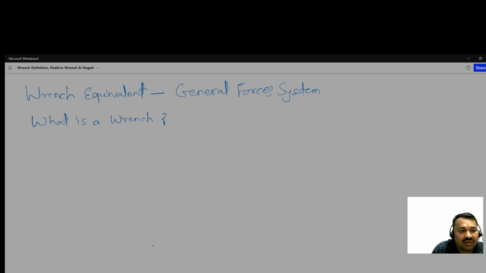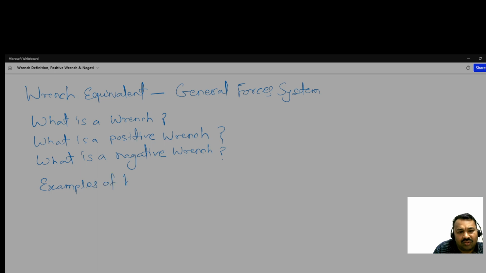Then what is a positive range? Then what is a negative range? Then examples of both ranges.